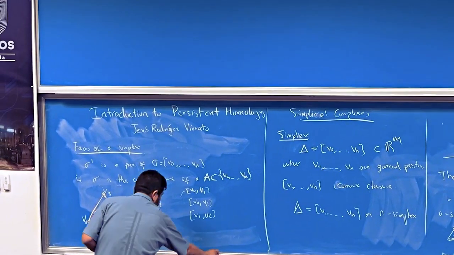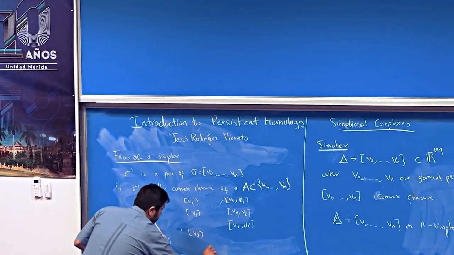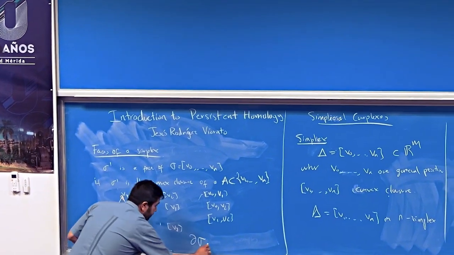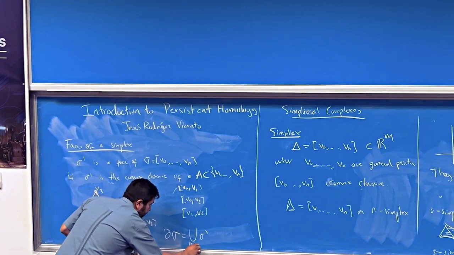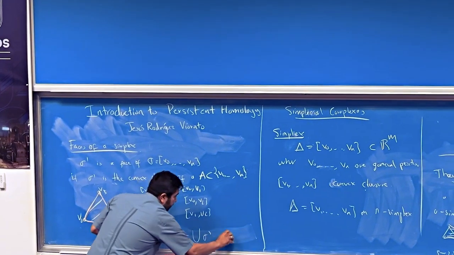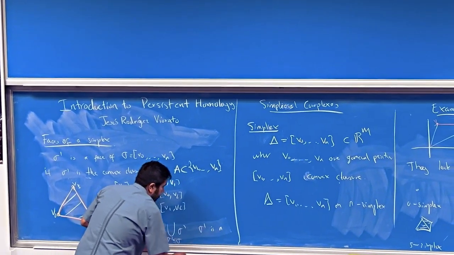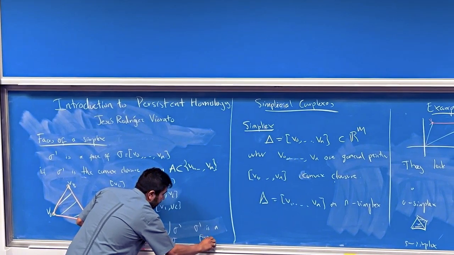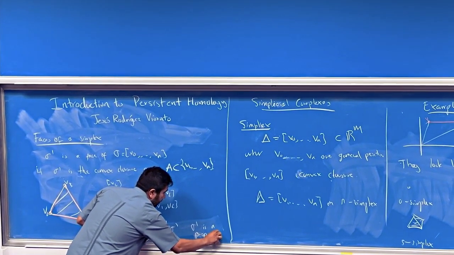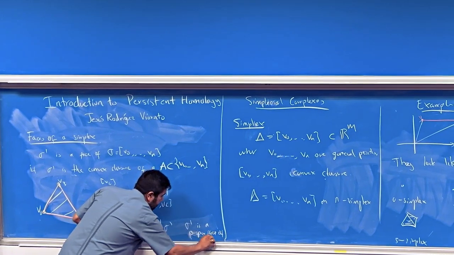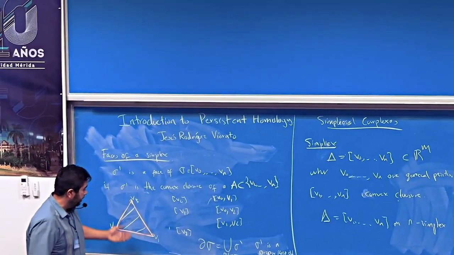And we denote with this notation the union of sigma prime, where sigma prime is a proper face of sigma. So that's the boundary.